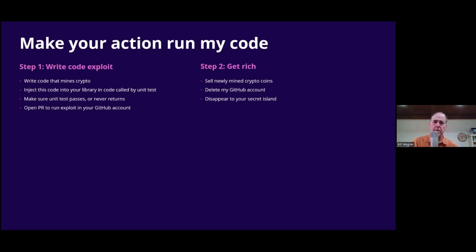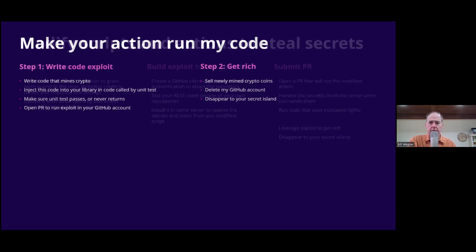And now I'm going to open the PR on GitHub. And now you start your unit test. It enters this infinite loop that's mining crypto and never leaving. And I'm going to now sell my newly minted crypto coins, delete my GitHub account, and disappear to my secret island. So that's one exploit there, right? I just simply don't change your actions. Don't think I may be doing something really crazy, but I'm just going to inject into your library some code that does something nefarious.